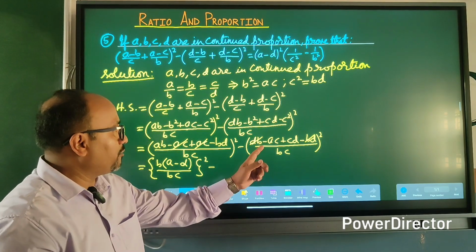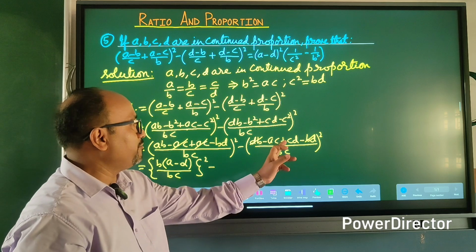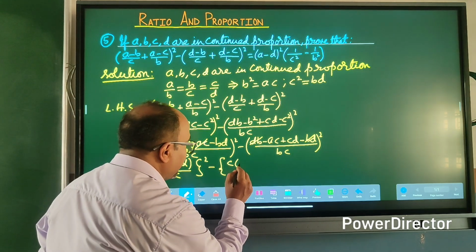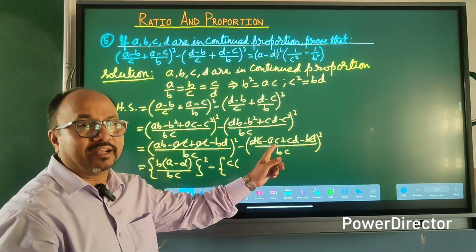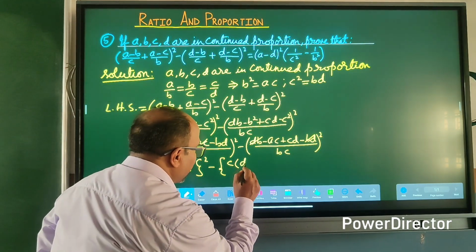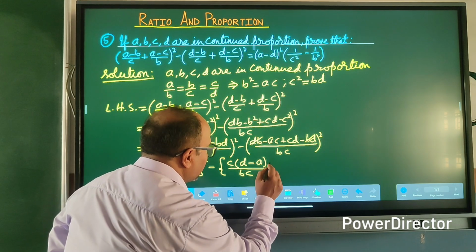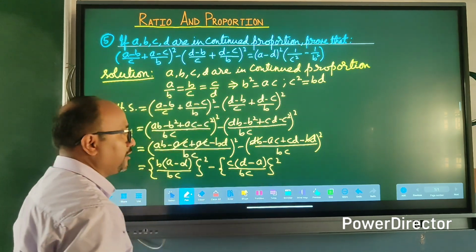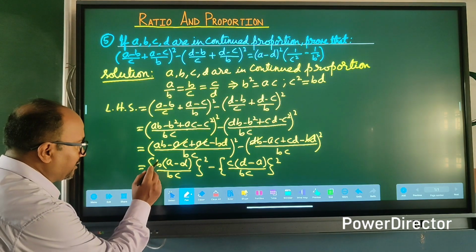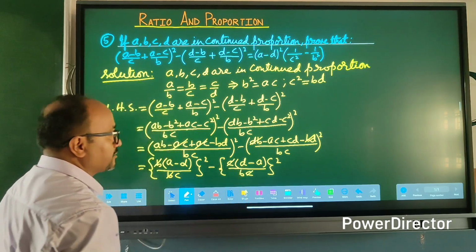Now let us see from here what is happening. Minus AC and plus CD will give me a C common. So C taken. I will be left with a minus A here and a plus D there. So I will write first that plus D and then minus A by BC and then writing the whole square. Now you see here numerator B and the denominator B is cancelled. Same way here C is cancelled.